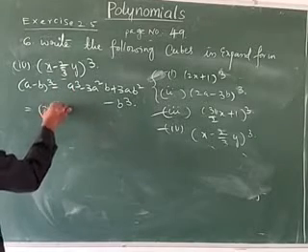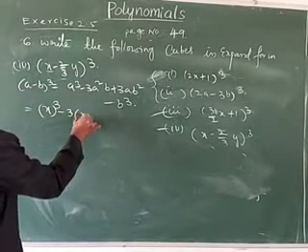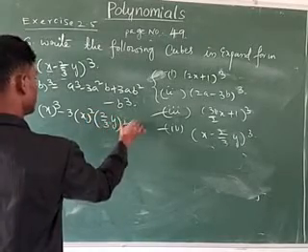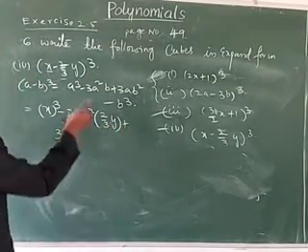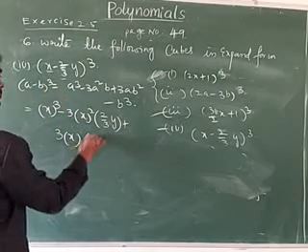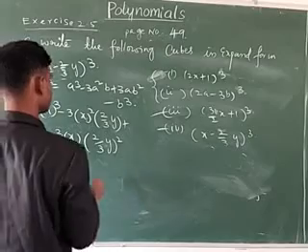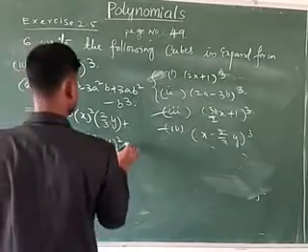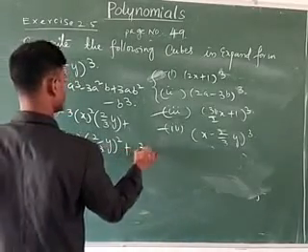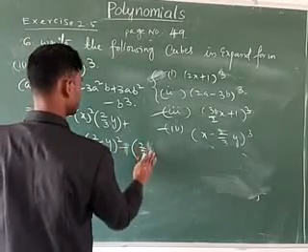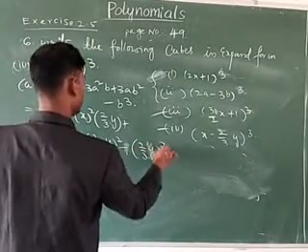x whole cube minus 3 into x square into 2/3 y, plus 3 into a is x and b is 2/3 y whole square, plus b cube, not plus, minus (2/3 y) whole cube.